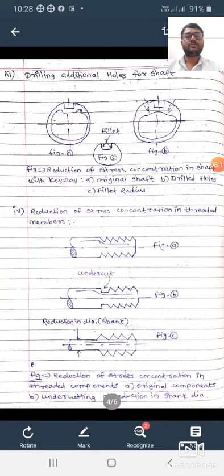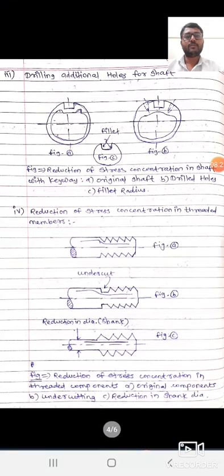Next important parameter is reduction in stress concentration in threaded members. Figure A shows a threaded member having stress concentration. How to reduce that stress concentration in a threaded member? Let us consider figure B. Figure B shows we have to provide an undercut to that threaded member, due to which stress concentration reduces.